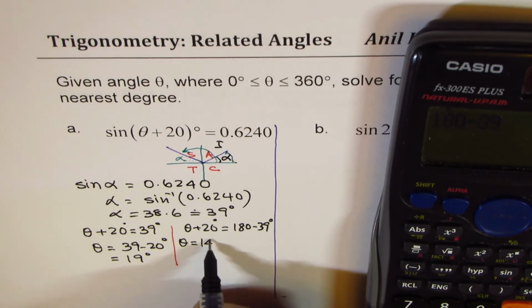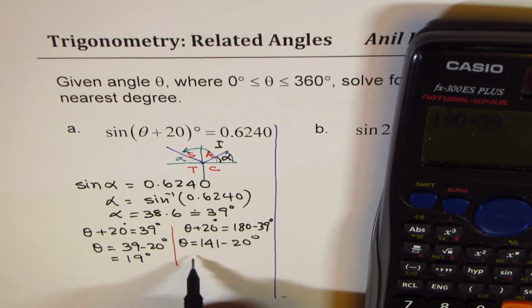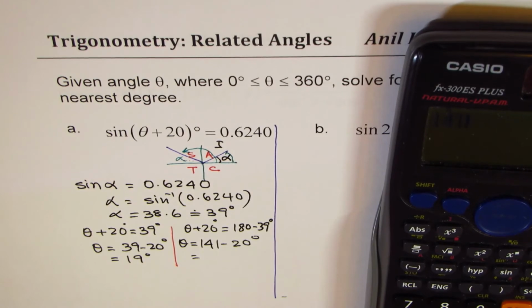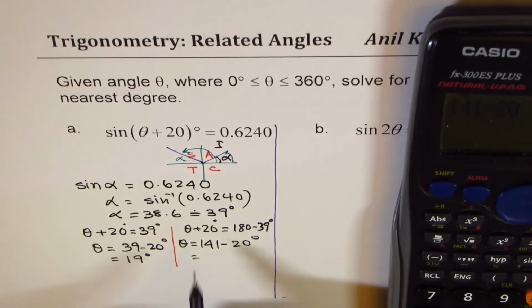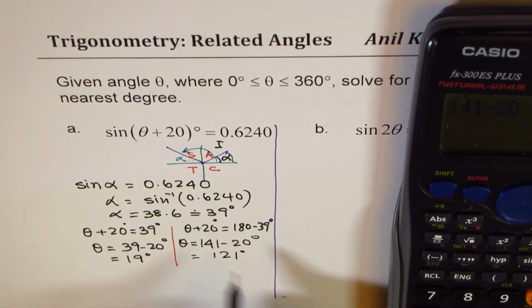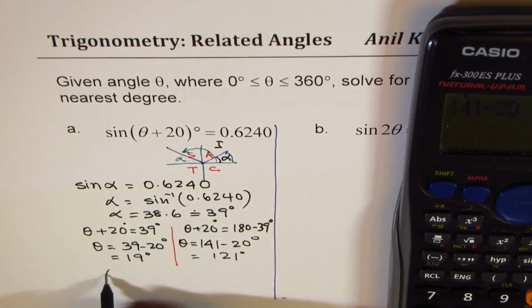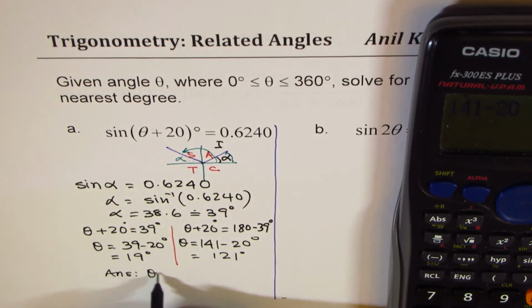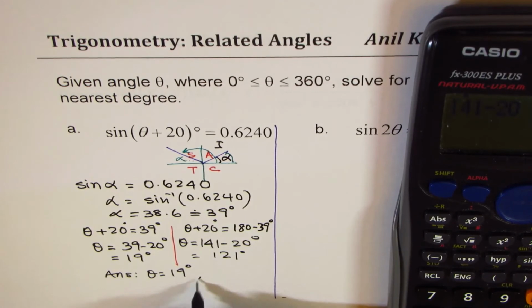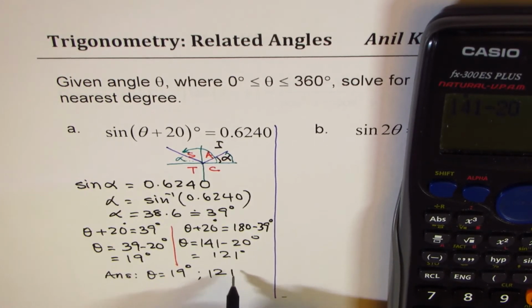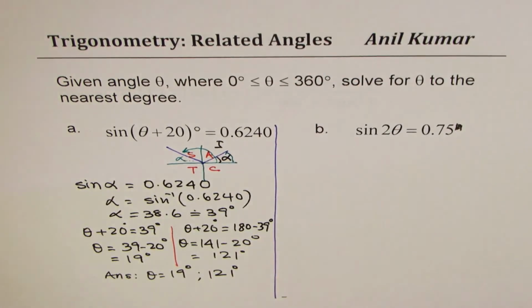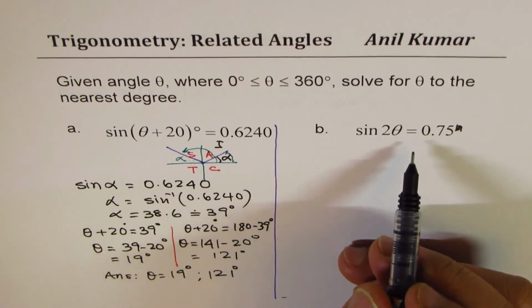Bringing 20 there, we get 141 minus 20 degrees, which is 121. So we have two answers for theta: theta equals 19 degrees and 121 degrees. Perfect. Now let's do the next part.